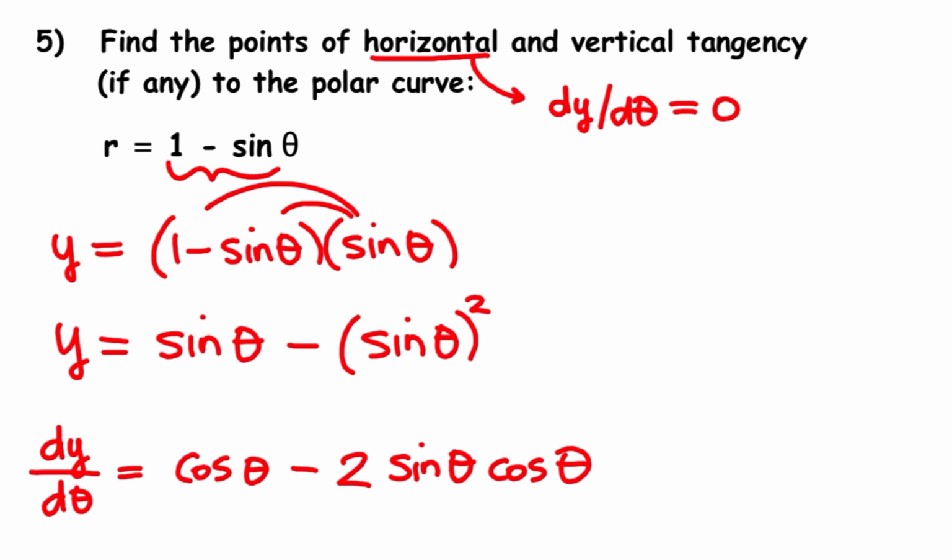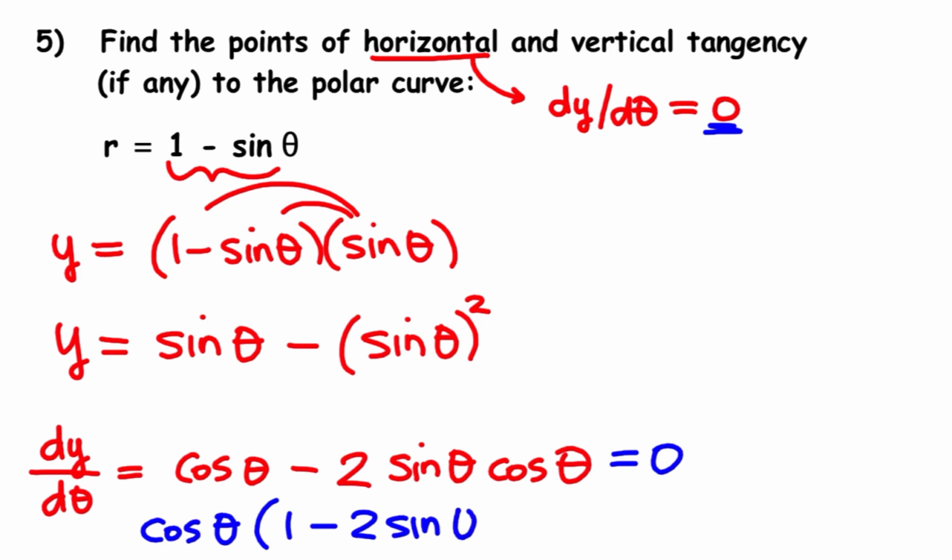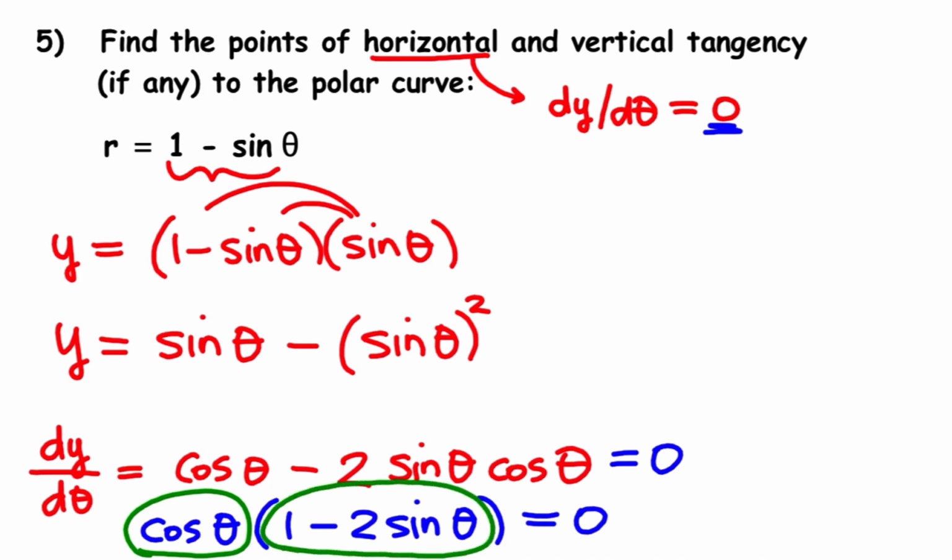Okay, again, we want to set that equal to 0. And when we do that, we can go ahead and factor out a cosine of theta. That leaves me with 1 minus 2 sine theta equals 0. That tells me that either one of two things is true. Either the cosine of theta is 0, or 1 minus 2 sine theta is 0, meaning that sine of theta would be positive 1/2.